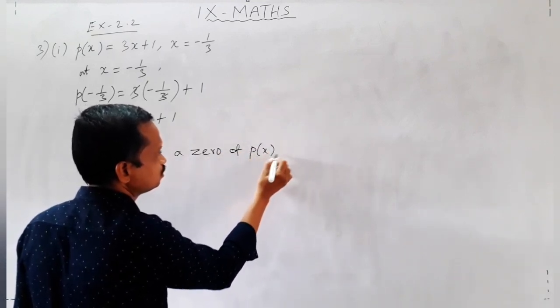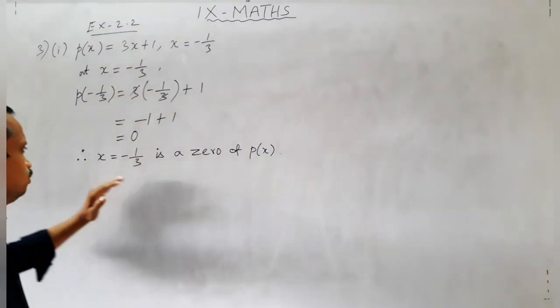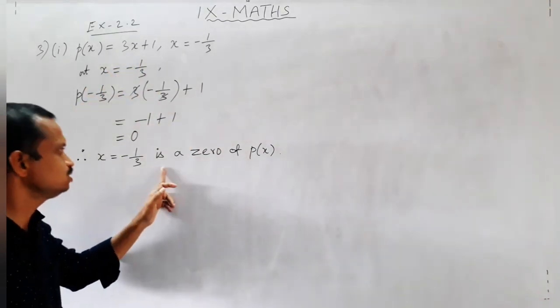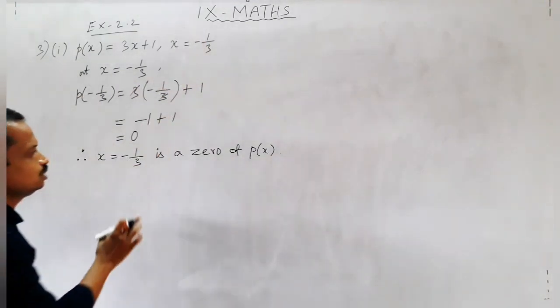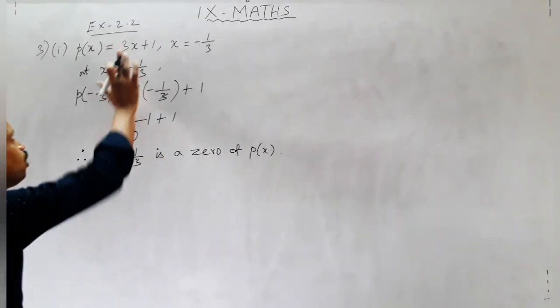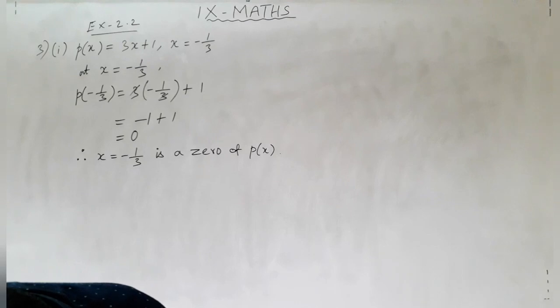P of x. So in this sum, P of x is 3x plus 1, that you know. So x equal to minus 1 by 3. So minus 1 by 3 is a 0 of P of x. That's all. The indicated value of x, minus 1 by 3, is a 0 of this polynomial P of x. And just like that, we will do that.